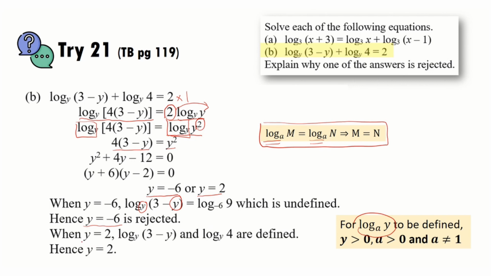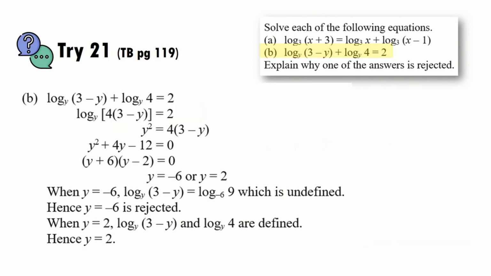For y equals to 2, it doesn't cause any problems in this expression, as well as the other term for log 4 base y. So 2 is actually going to help us define the logarithms, hence y equals to 2 will be an answer to the question.